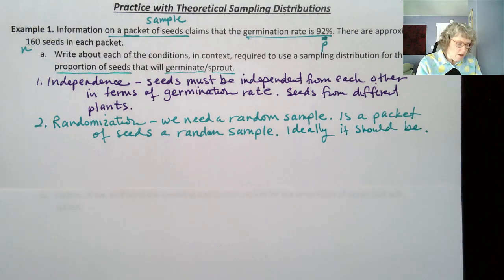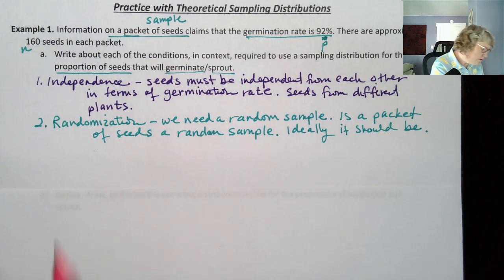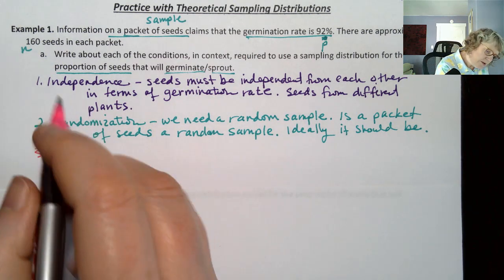If we're setting up our own study, we would want to take a random sample of seeds. Maybe we take a few packets, mix them together, and take a random sample, or we take some out of each packet, or something like that. So lots of things to consider. Now third is the large population.